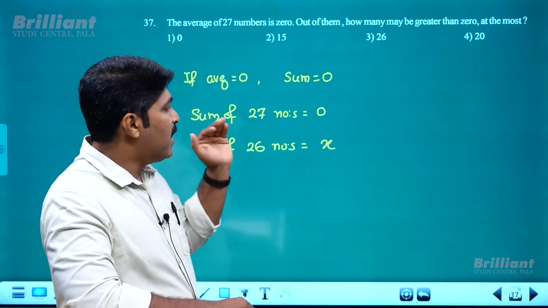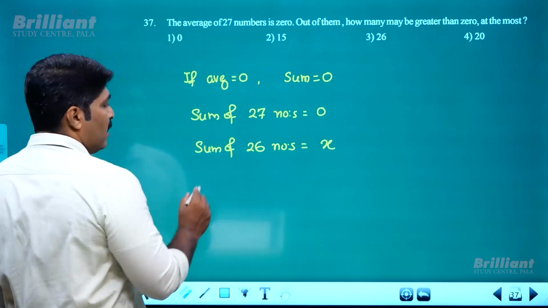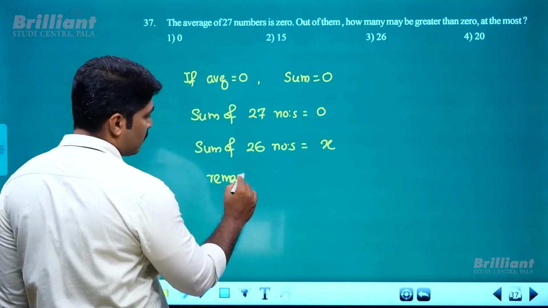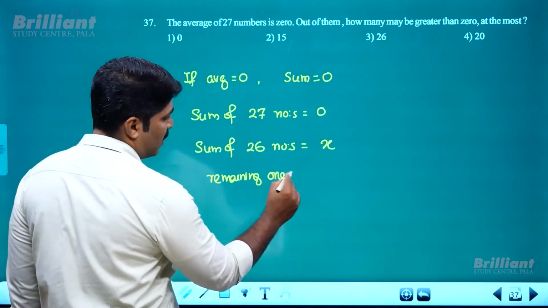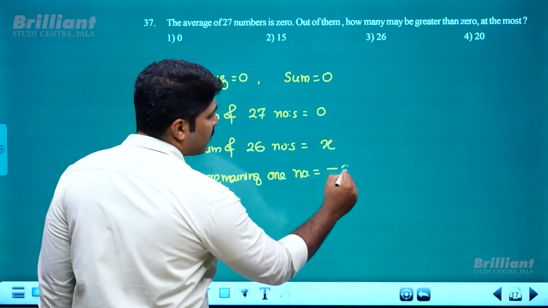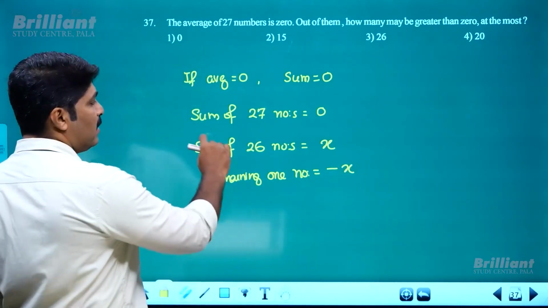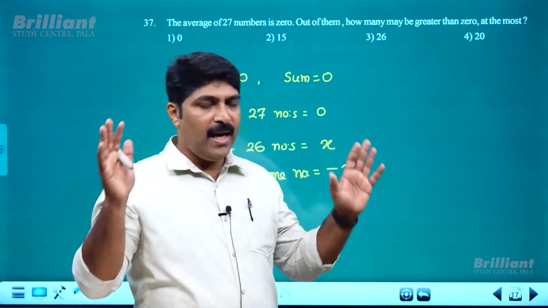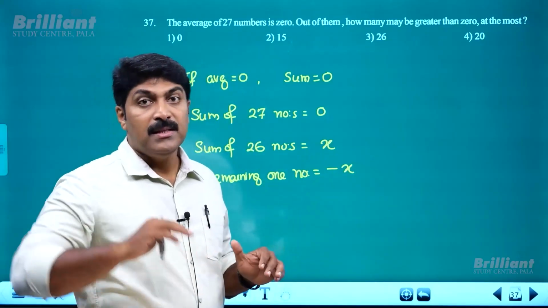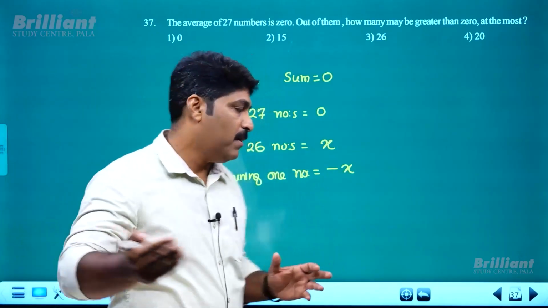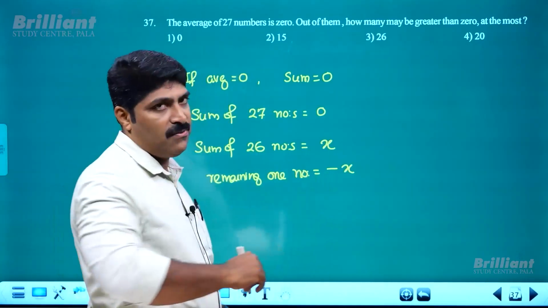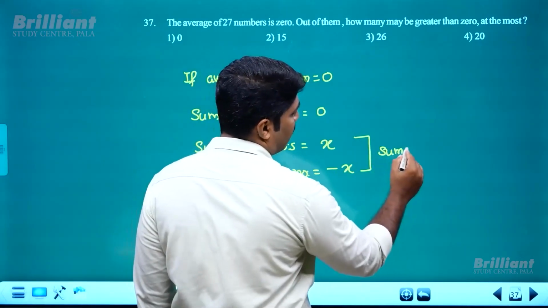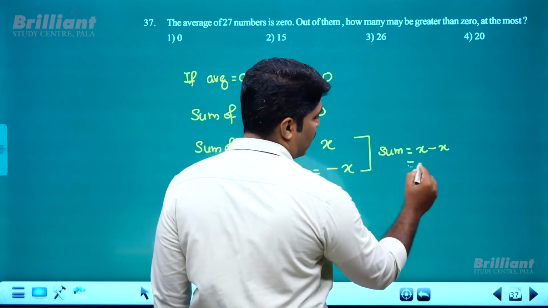Then the remaining one number, I am considering as minus x. Don't forget, these 26 numbers we assumed are greater than 0 and their sum is equal to x. Suppose the 27th one, the remaining number, is negative x. What will happen? The net sum will become x minus x, which is equal to 0.